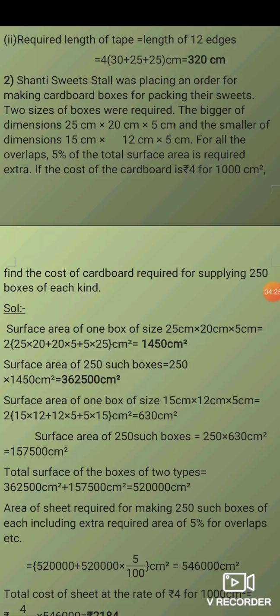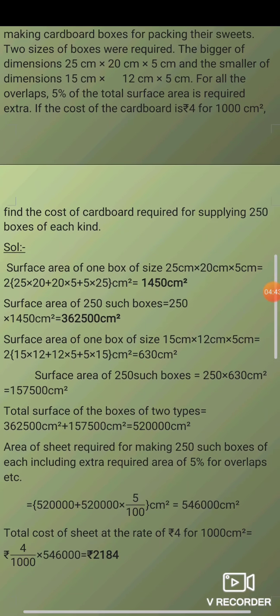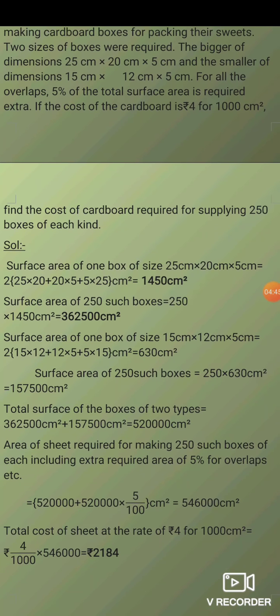Now the second one, smaller. So the surface area of the box of the dimension 15 cm by 12 cm by 5 cm is equal to 630 when we substitute all the values. Now it is also 250 such boxes. So surface area of 250 such boxes is equal to 250 into 630, which is equal to 1,57,500 centimeters square.